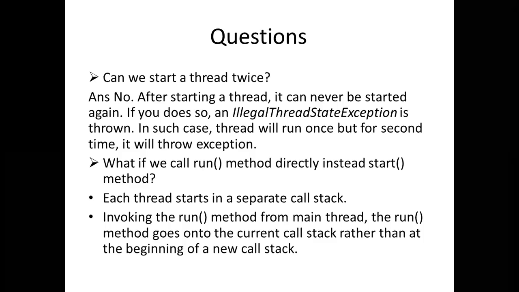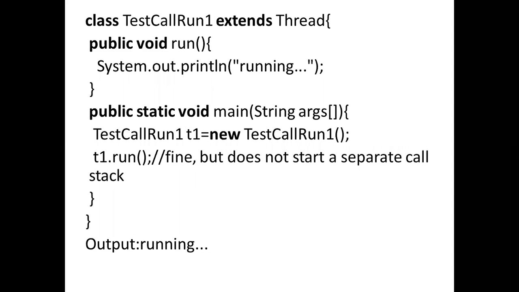As we know, each thread has a separate call stack because we have multiple threads in a single process. But if we directly invoke the run method, it will go to the current call stack. So it will not create a different call stack for a particular thread. Clear? So this is the difference.